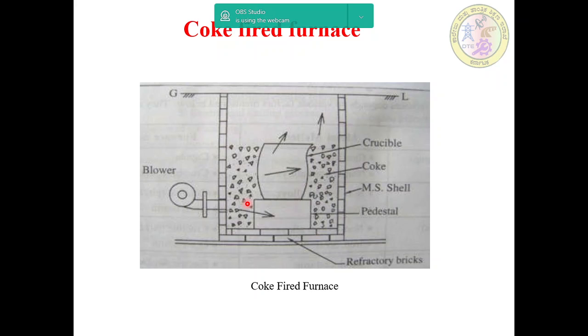A lid is placed on the crucible and the blower is kept full blast. Metal starts melting, and once it reaches the desired temperature, the blower is switched off, the crucible is taken out, and the molten metal is treated and poured. This is the basic principle of the coke-fired furnace.